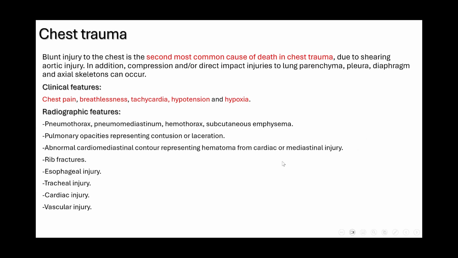So what we found in the imaging, we may have pneumothorax, hemomediastinum, hemothorax, subcutaneous emphysema, lung contusion, and laceration representing as opacities in the lung. Also rib fracture, like I said, flail chest, maybe esophageal injury, tracheal, cardiac, and vascular injury.